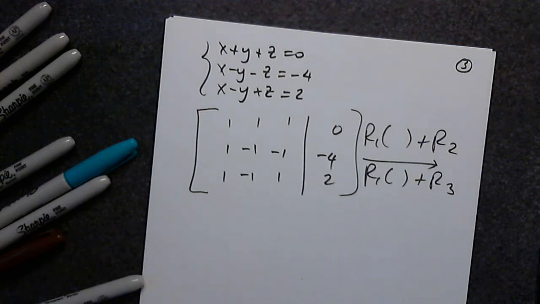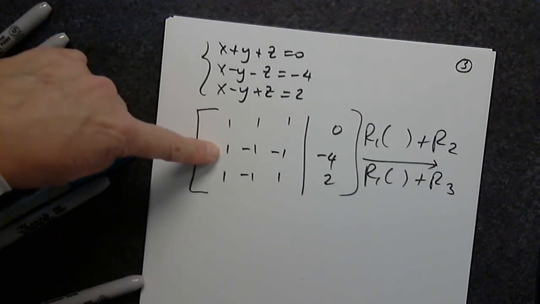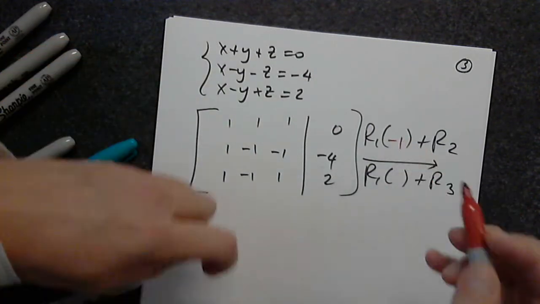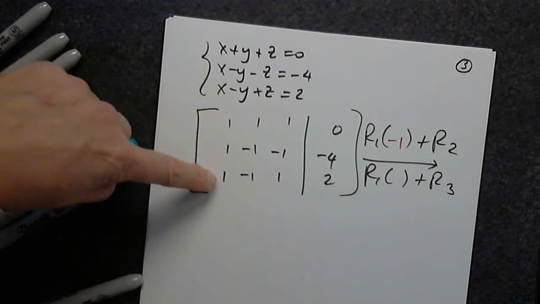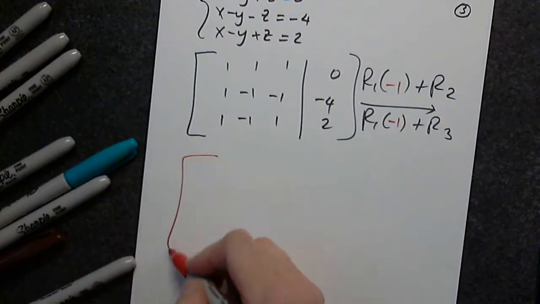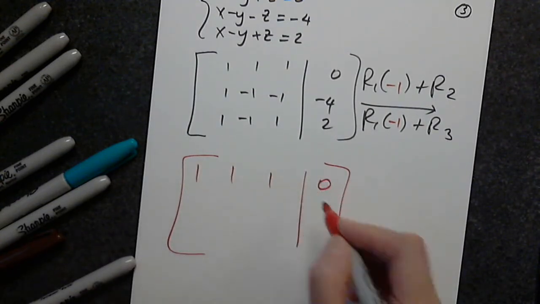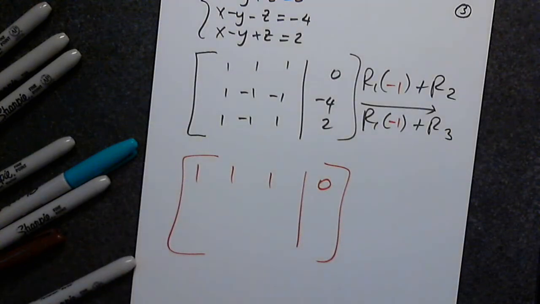Correct. Very good. So we multiply this by what to eliminate this? Good. And we multiply this by what to eliminate this? Excellent. Which row do I have to copy because I'm using it? Excellent. So let's see what we get.